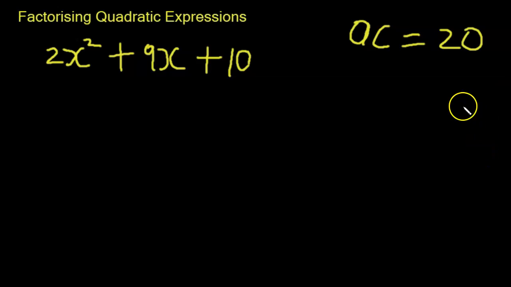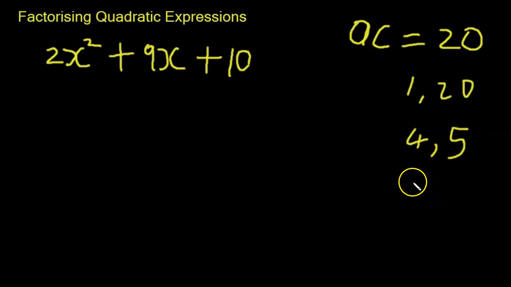So the best way to go about it is to write down all the sets of numbers that multiply to give 20. What are the pairs of numbers that multiply to give 20? 1 times 20, obviously. What else multiplies to give 20? 4 times 5 multiply to give 20. What other two numbers multiply to give 20? 2 times 10.